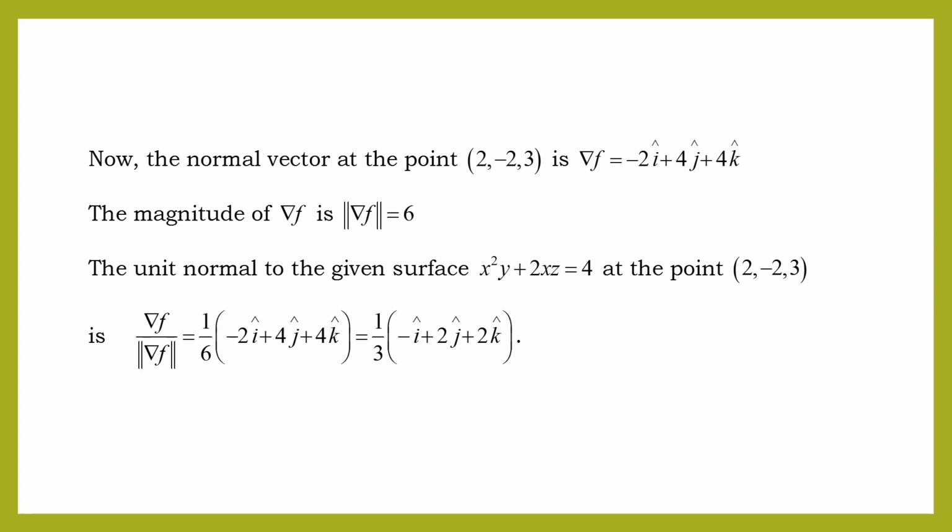Otherwise, even if we find the value, norm of n cap equals square root over minus 1 by 3 whole square plus 2 by 3 whole square plus 2 by 3 whole square, which in turn becomes square root over 1 by 9 plus 4 by 9 plus 4 by 9. This again becomes 1.